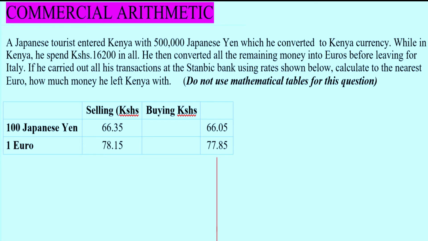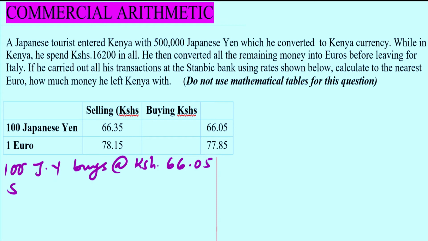So the first step is to convert 500,000 Japanese yen to Kenyan shillings. In converting Japanese yen to Kenyan shillings, we shall use this column for buying. So the Stanbic Bank, that is the Kenyan bank, will buy the Japanese yen and sell the Kenyan shilling. From the table of conversion, 100 Japanese yen buys at Kenyan shillings 66.05.